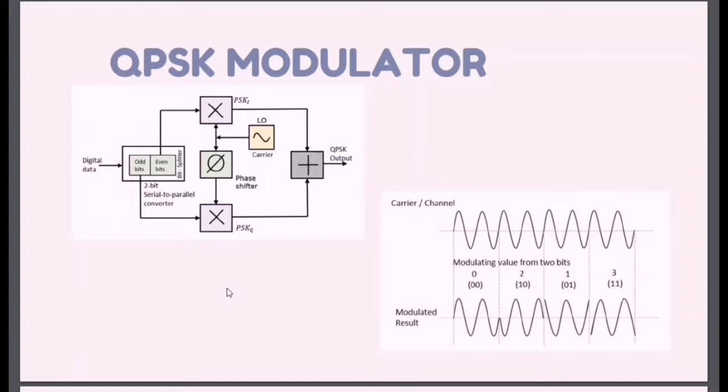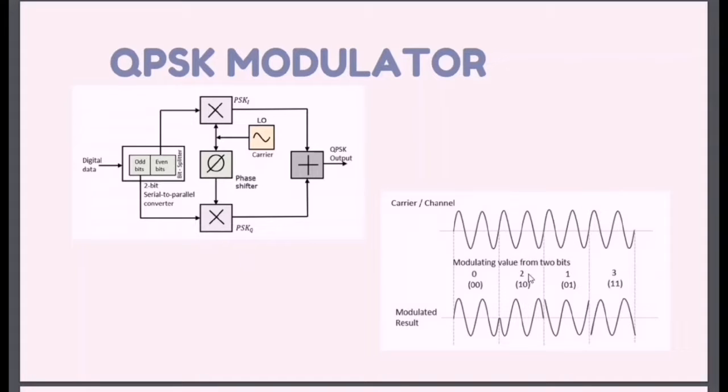As the modulator's input, the message signal's even bits, which are the second bit, fourth bit, and sixth bit, and odd bits, which are the first bit, third bit, and fifth bit, are separated by the bit splitter and multiplied with the same carrier to generate odd BPSK, called PSKI, and even BPSK, called PSKQ. The PSKQ signal is phase shifted by 90 degrees before being modulated.